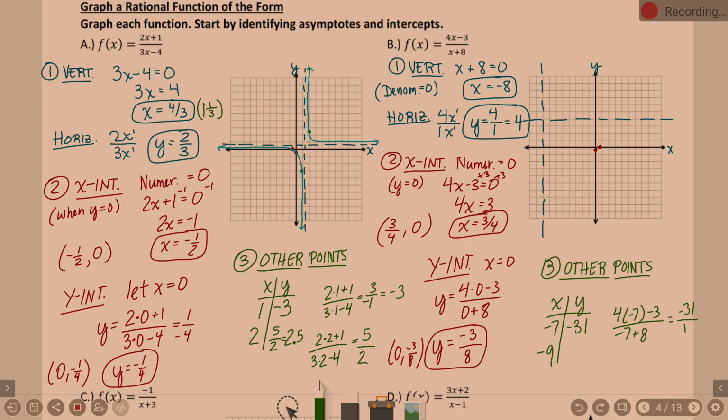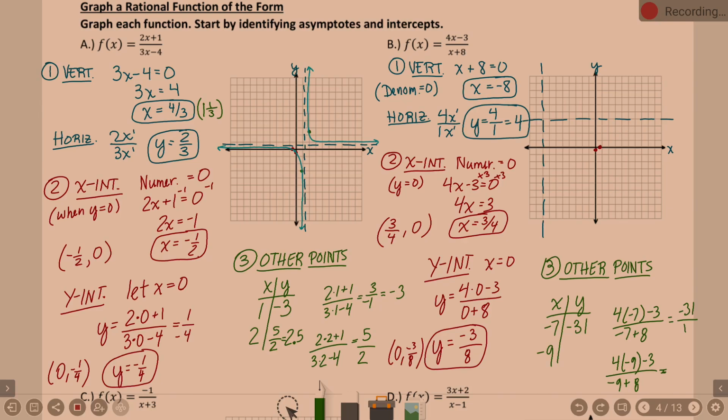I know we can't really graph that, but it tells us if we're in the right area. Okay? Let's do the same thing with negative 9 real quick. 4 times negative 9 minus 3 over negative 9 plus 8. 4 times negative 9 is negative 36.